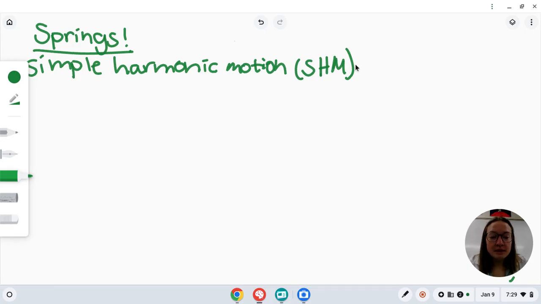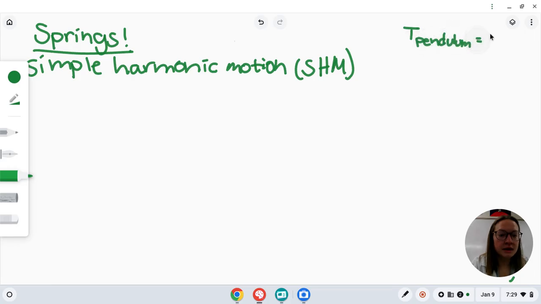Yesterday, we learned about the skill of linearization, which helps us derive an equation for something. Today, we are going to use that skill of linearization to derive the equation for the period of a spring. Just a quick refresher, you already know the equation for the period of a pendulum.